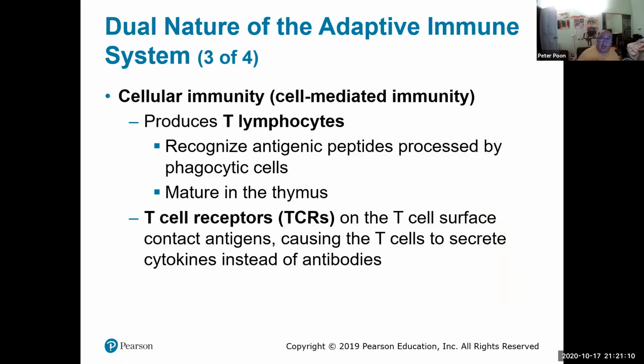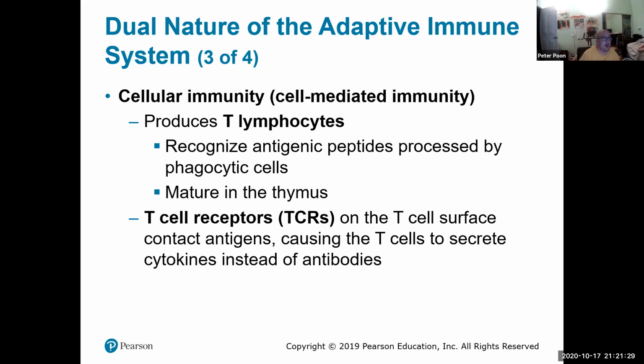The other side is the cells. Cellular immunity is controlled by T cells or T lymphocytes. These guys mature in the thymus instead of the bone marrow. So B for bone marrow, T for thymus.